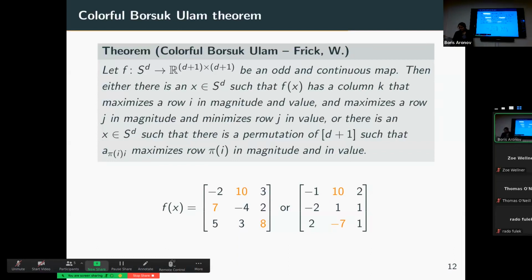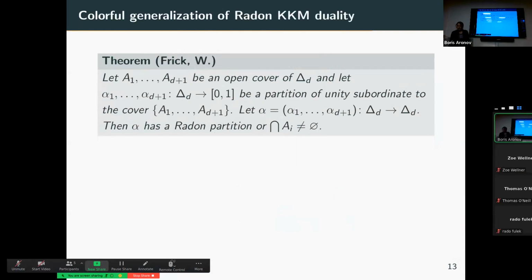And yeah, this is also how we get our colorful ham sandwich. You just set up the different families of masses to be our measures for our array in a matrix. So as I was mentioning before, you can then also show that there's a colorful generalization of the duality between KKM and Radon.